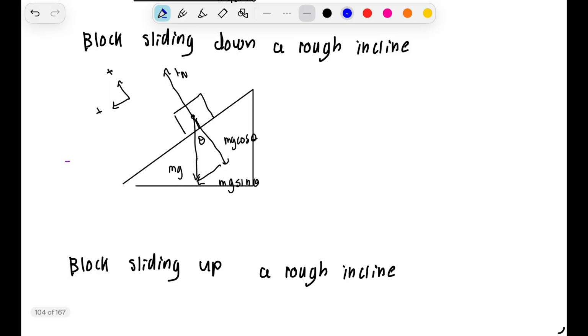The only difference is you're going to have a force of friction. So your normal force is still equal to mg cosine theta. That's the only force you have in the vertical direction. And your friction is equal to mu k times normal force. We just found normal force, so mu k mg cosine theta.